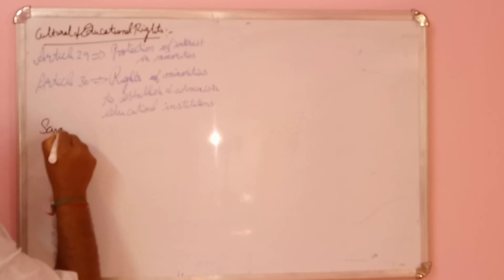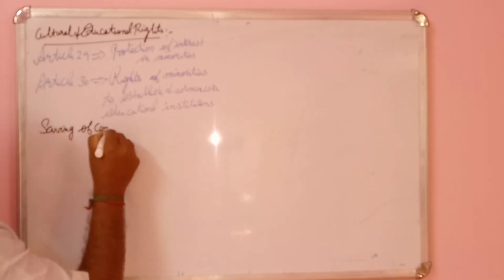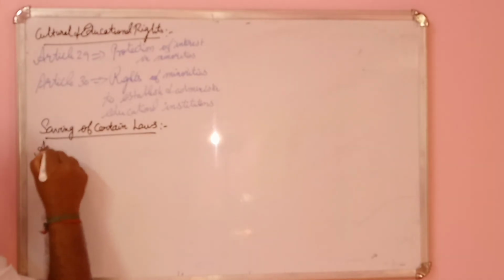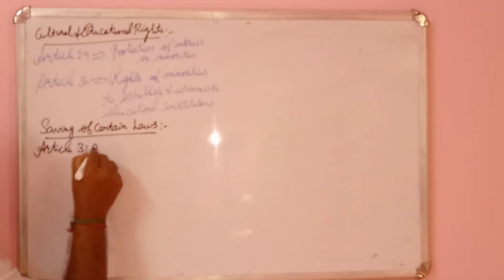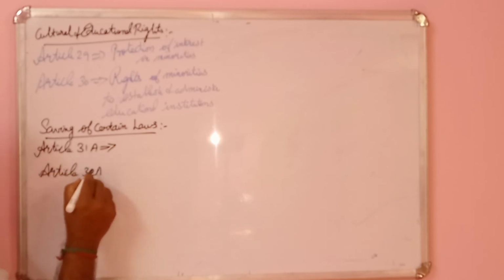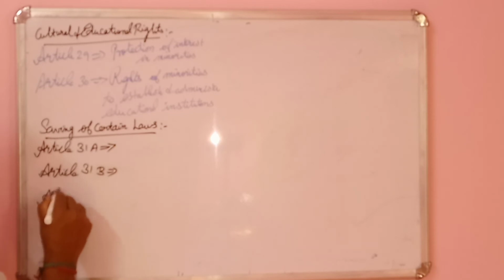Next one is saving of certain laws. Article 31A, Article 31B, Article 31C.